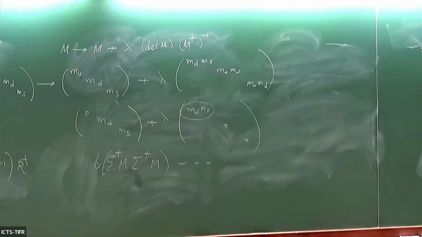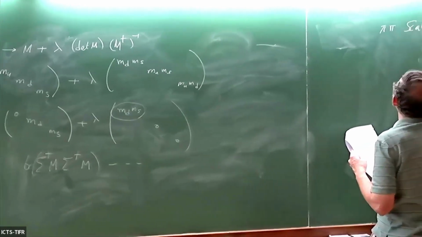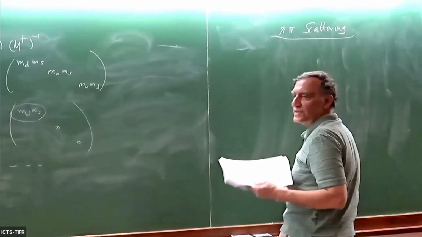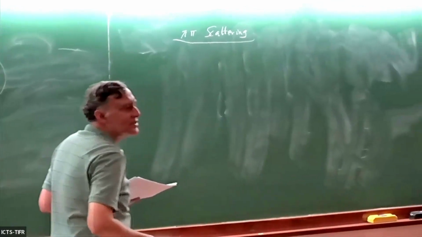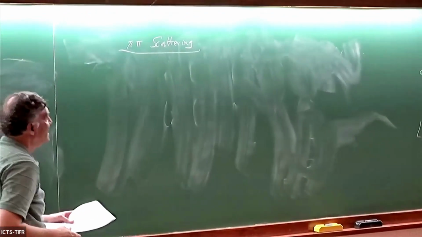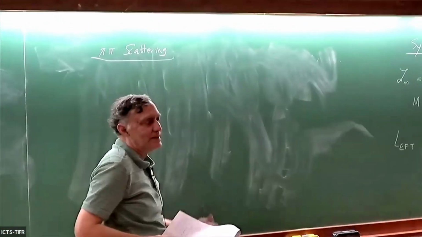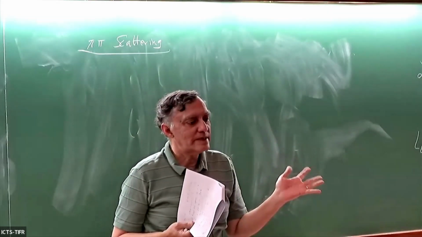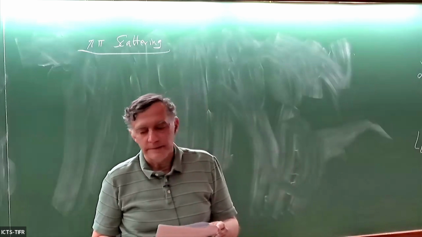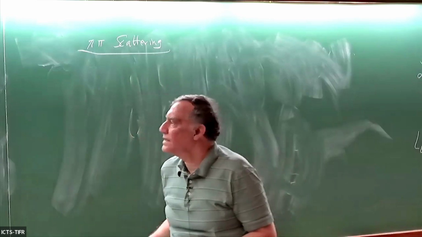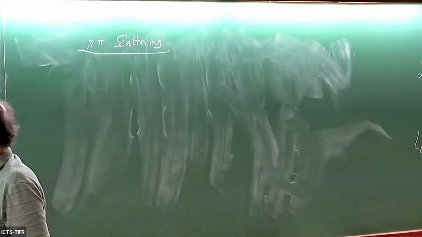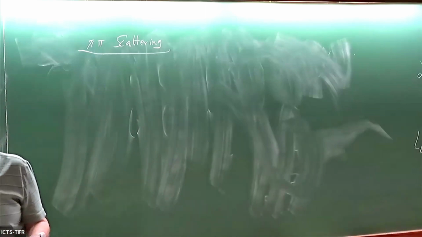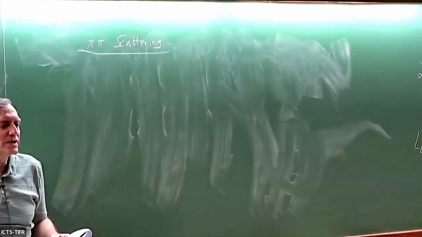Okay, so the next application I wanted to do was pi-pi scattering. So we've had some lectures on this. Hopefully the formulae agree with the previous lectures. There are some whole arguments about this, but it doesn't matter because we have NC is 3, and you can look at how big 1 over N corrections are.